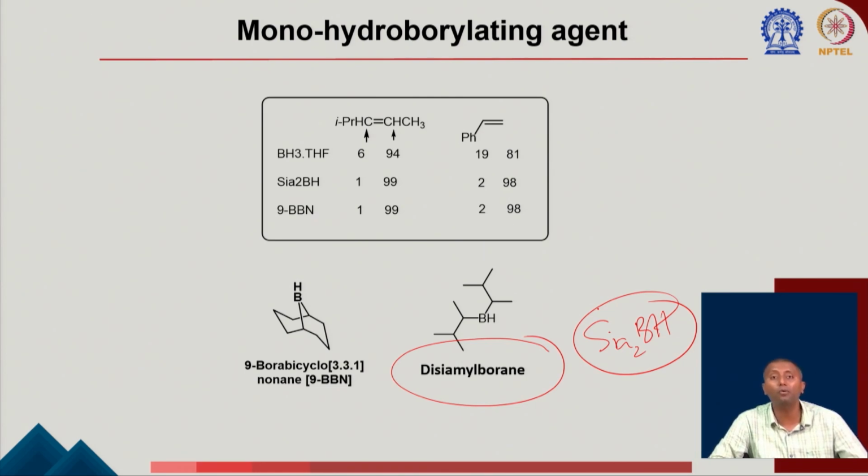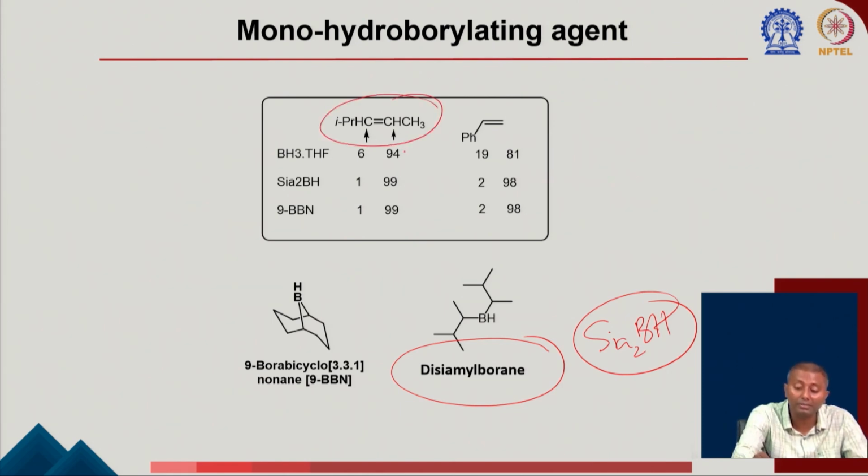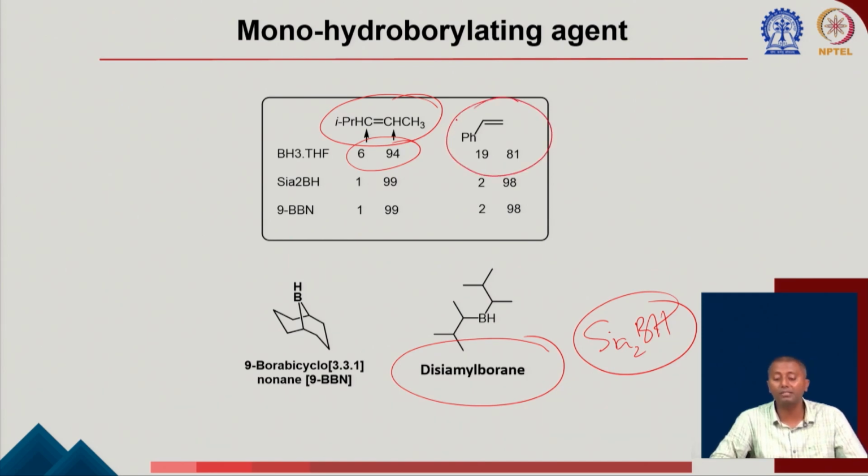So what is the idea here? The problem is, once you use BH3 THF, a lot of times you don't find good selectivity. Of course, here we still see a very good selectivity for this particular compound, but in some other cases, I have not collected all the examples, there are examples where, like here particularly from styrene, you have almost 80-20.